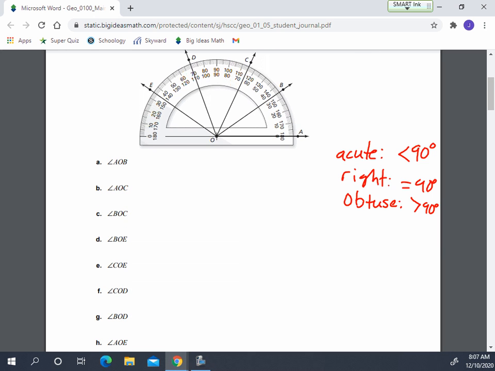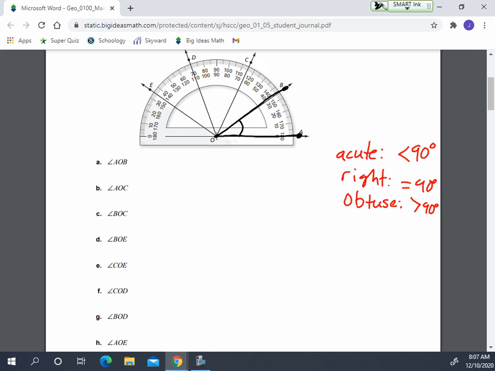Letter A says, we have to find the angle, and then we have to label it. AOB. So to find that angle, we start at A, we go to O, and then we go to B. So our angle is right here. Now, a lot of people want to say that's 145 degrees. No, that's not right.